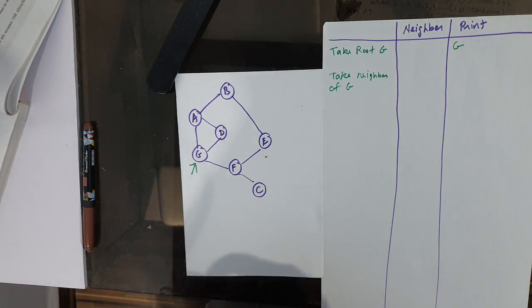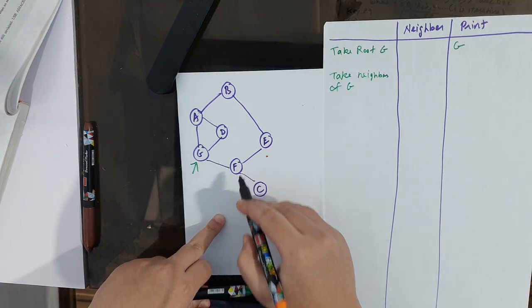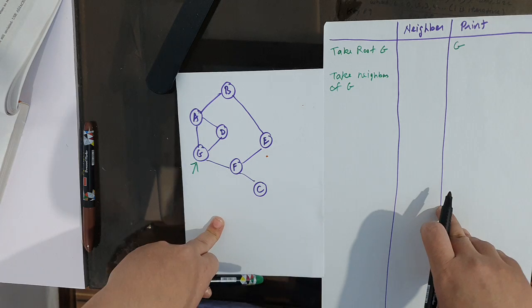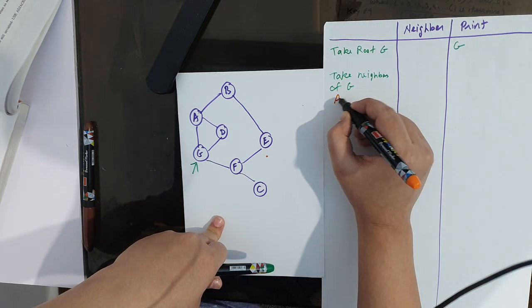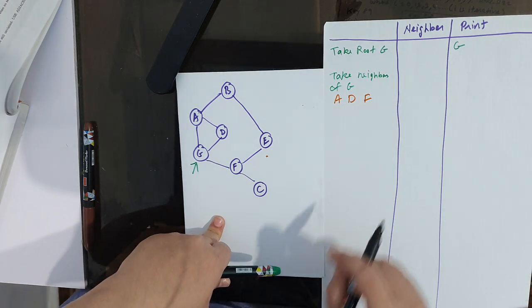We have A, D and F as the neighbors of G. So we'll just mention over here A, D and F are neighbors of G.